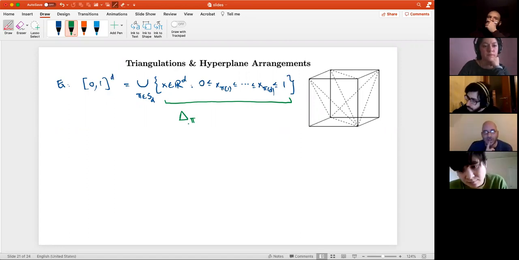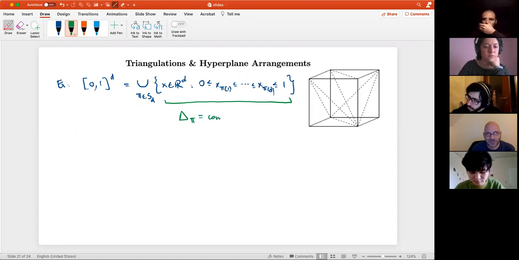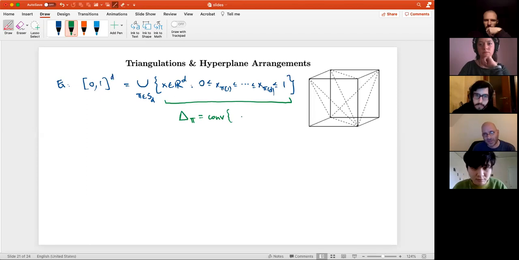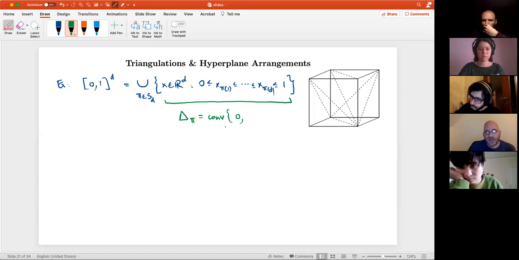And so you can write down the convex hull description, correct? So what are we doing over here? If all but the last inequality are equalities, that's one vertex, the origin. If I have equality at the very end and then an inequality before that, I get the unit vector in the pi d direction.